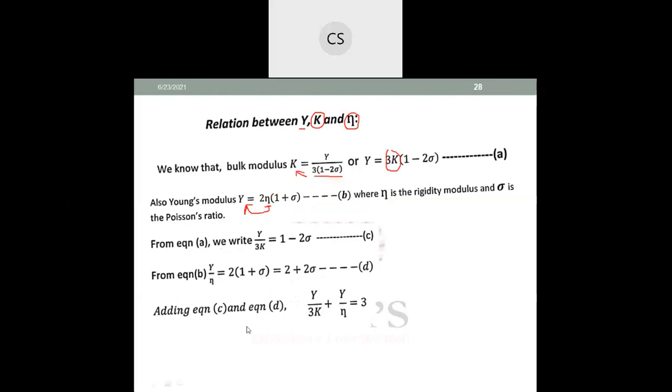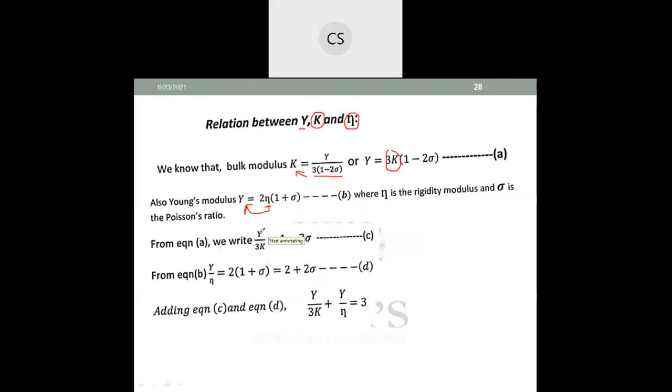Okay. So now what you do is let us add equation C and D. What happens when you add equation C and D?